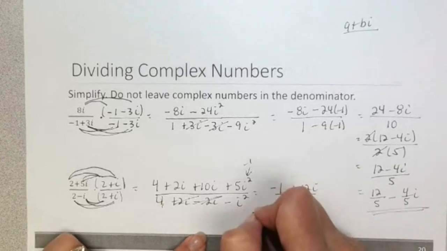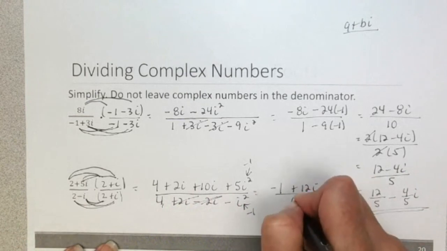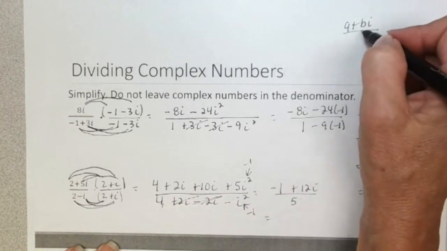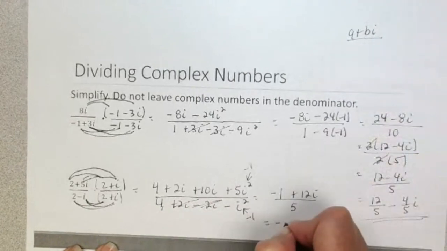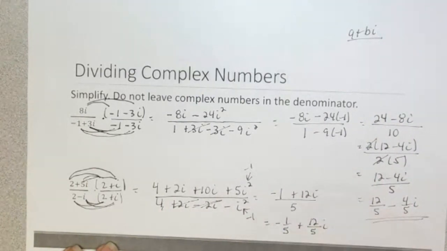And then i squared is -1, right? So this is going to be 4 minus -1, or 4 plus 1, over 5. Okay? And if I split that out to write it in the proper form, a plus bi, this is going to be -1/5 plus 12/5 i.